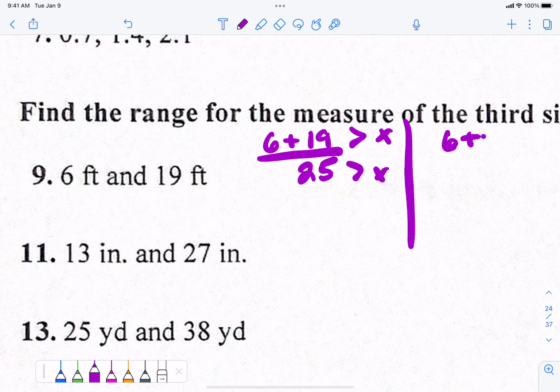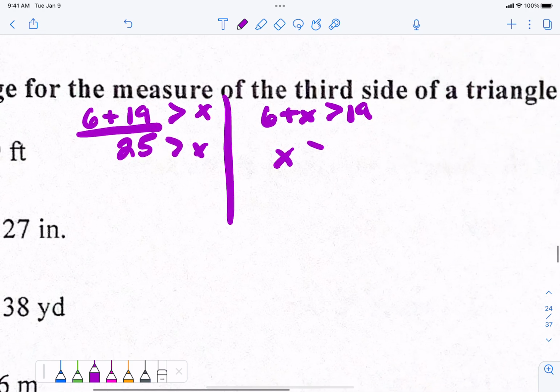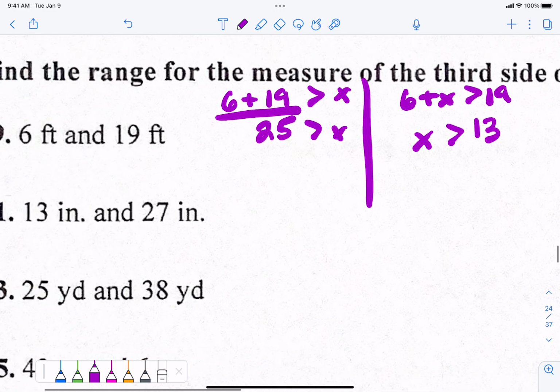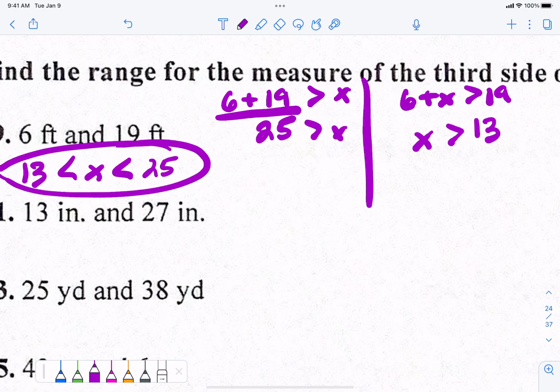But if my x is smaller and my 19 is the biggest one, x has to be greater than 13, right? So x has to be between what two numbers? 13 and 25. X has to be between 13 and 25. And that's what they mean when it says find the range.